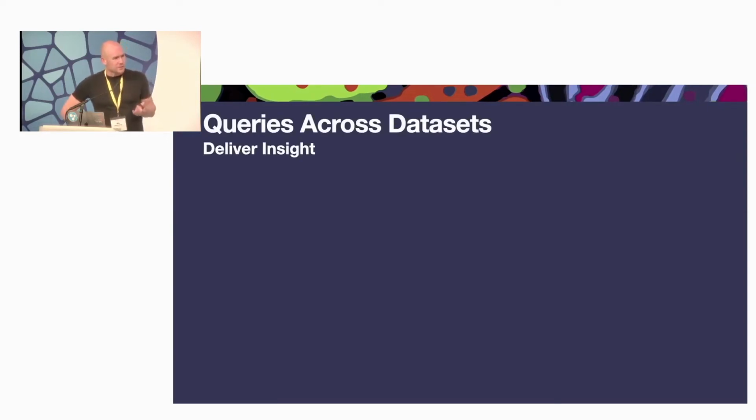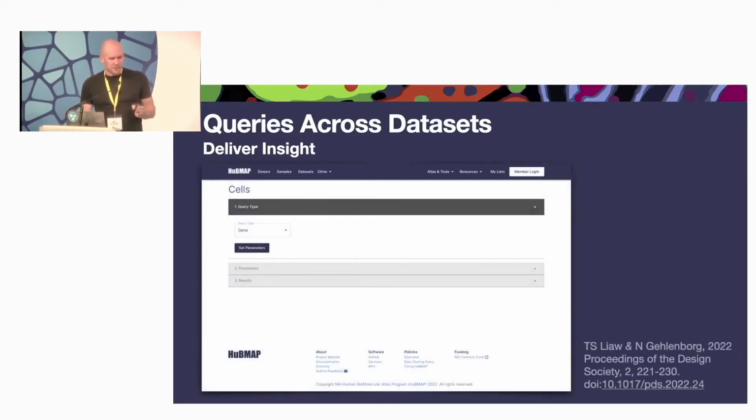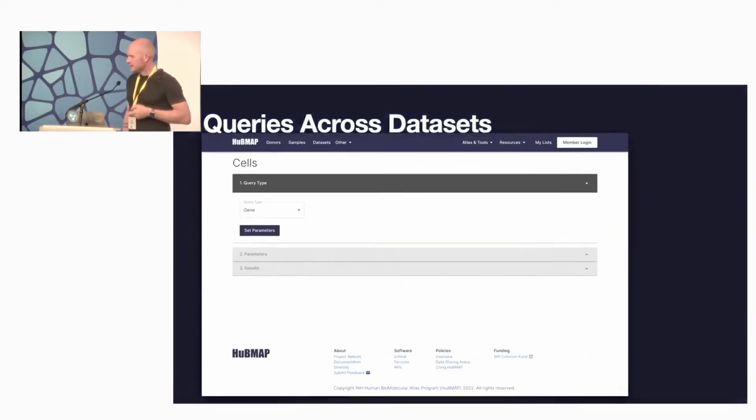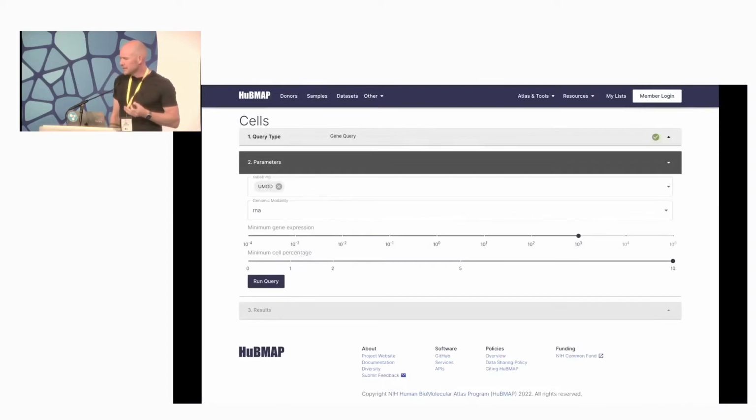In terms of queries across data sets, I just want to give you a quick overview of what's possible at the moment. While this is live on our portal, I'm not going to tell you the URL right now because it is still a work in progress. This cells query interface allows you to select a type of marker, a gene or a protein, then you set the parameters for your query.